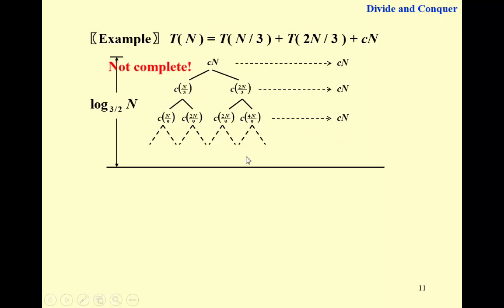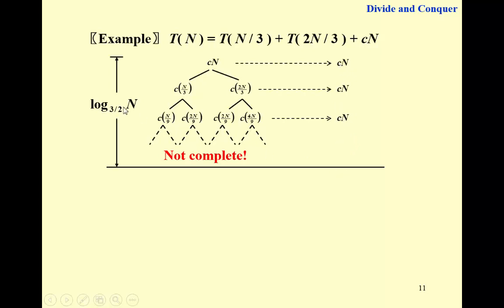But remember that this is not a complete tree. So eventually at some level we're going to get something that is less than cn. But it's too complicated to draw the whole tree and carefully examine each level. And it's not really necessary. You just say, roughly speaking, each level is bounded above by a constant times n, right?